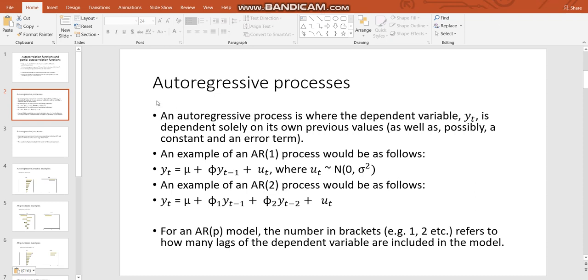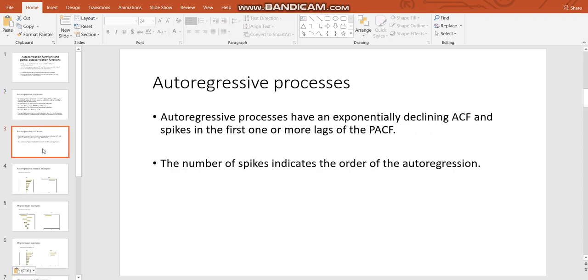So the question then becomes, how do you actually identify an AR process using your autocorrelation and partial autocorrelation functions? Well, it turns out that autoregressive processes have exponentially declining autocorrelation functions and have spikes in the first one or more lags of the PACF.